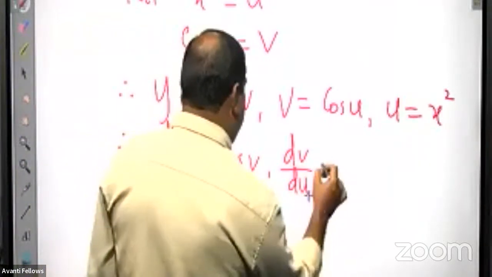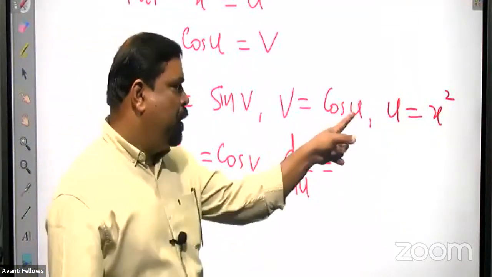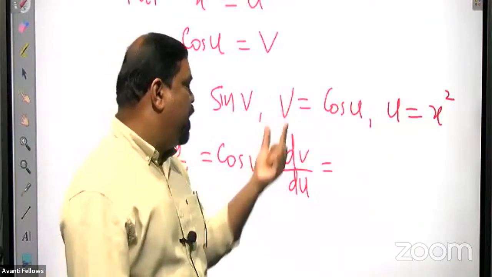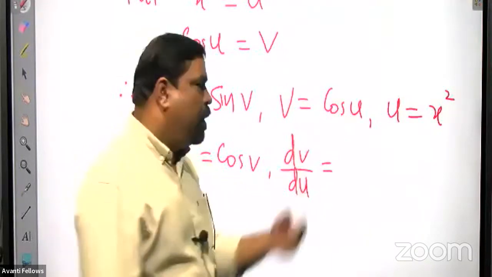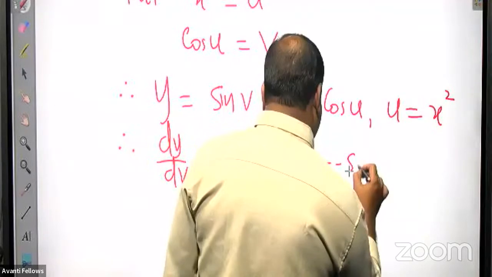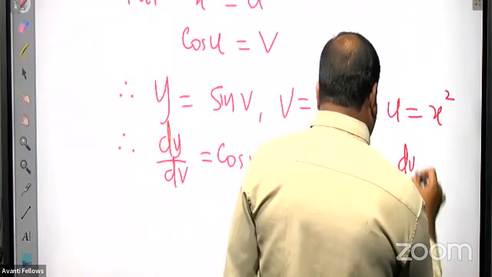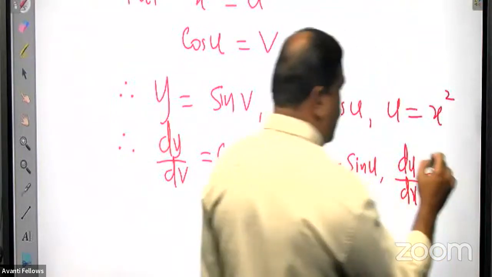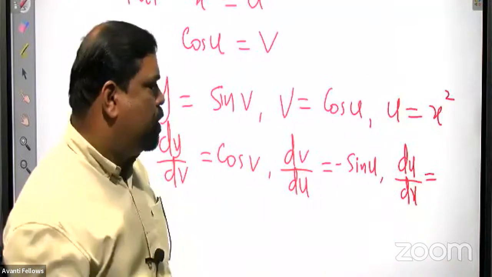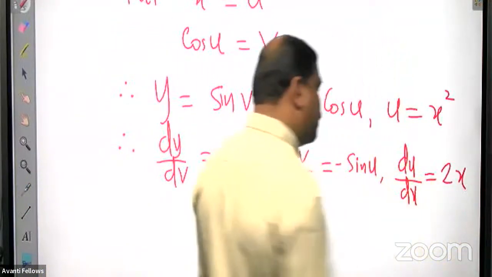V is a function in u. So we will find dv by du. That means d by du of cos u. d by du of cos u means minus sine u. And the third one, the last one, u is a function in x. So find du by dx. That is 2x.